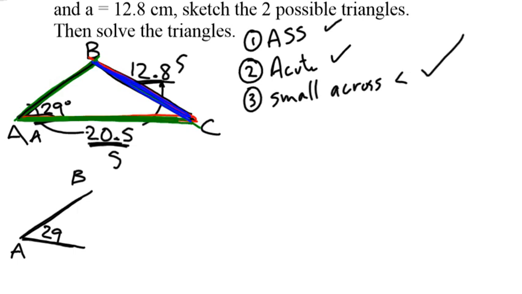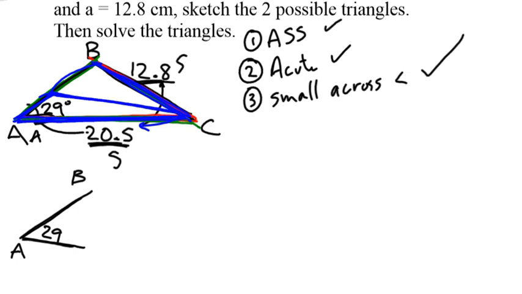Which means I can't move it this way, because if I move it that way, this side becomes shorter. I have to move my 12.8 down in this direction so that I have those two triangles.